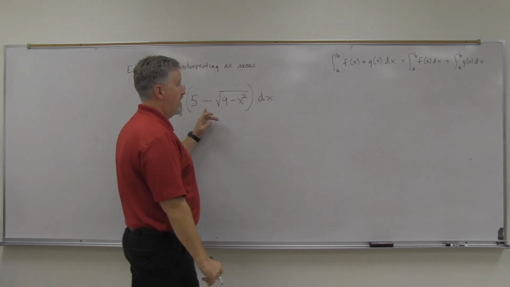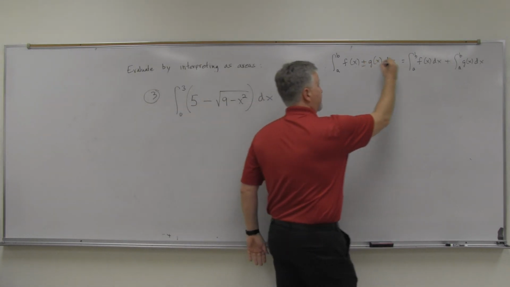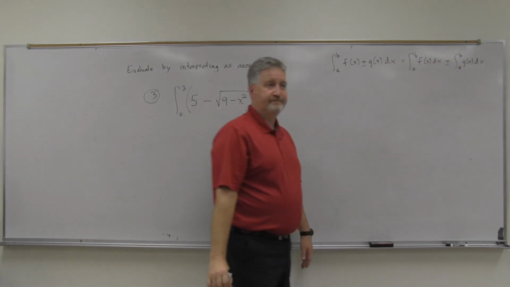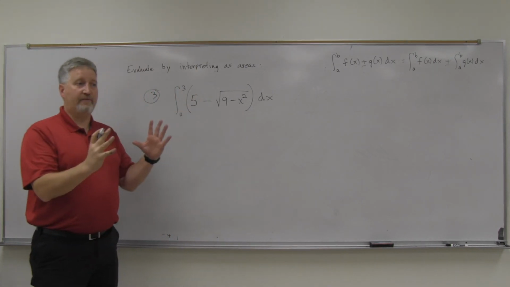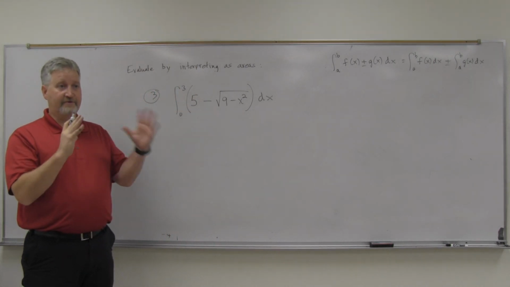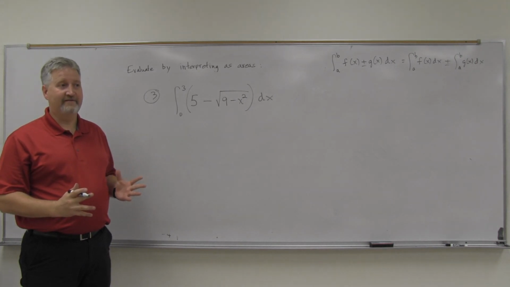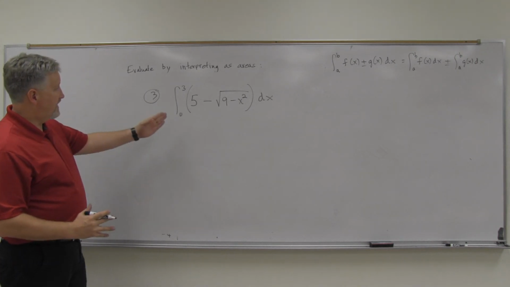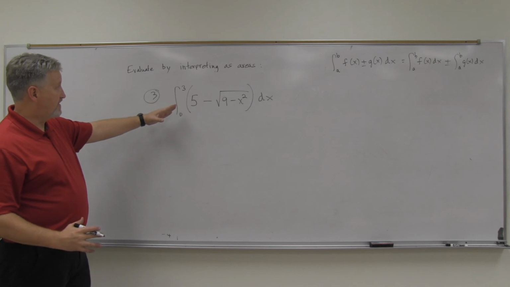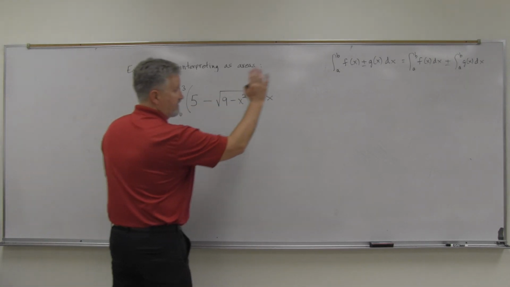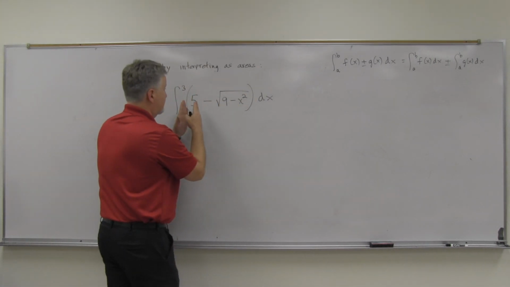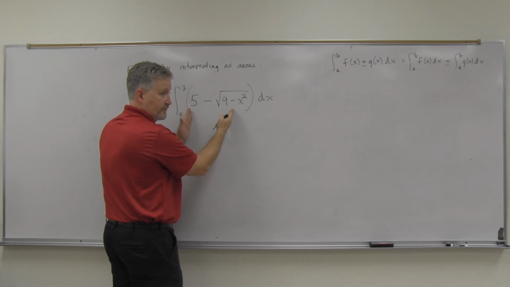Now in this case I have minus, but it also works in the case of minus as well. So you can do that with addition and subtraction. You can separate those integrals and do them separately. Why do I say that? Well, if I interpret these as areas, here's what I've got. That fact says I can separate these into two separate ones.